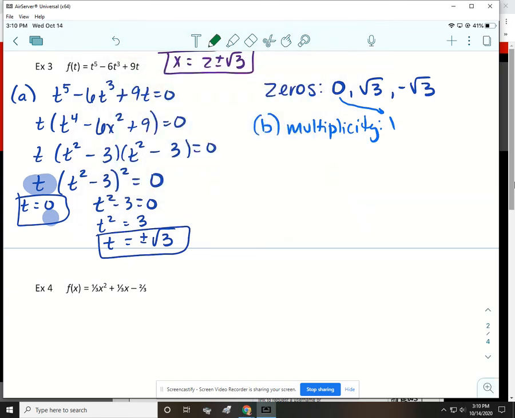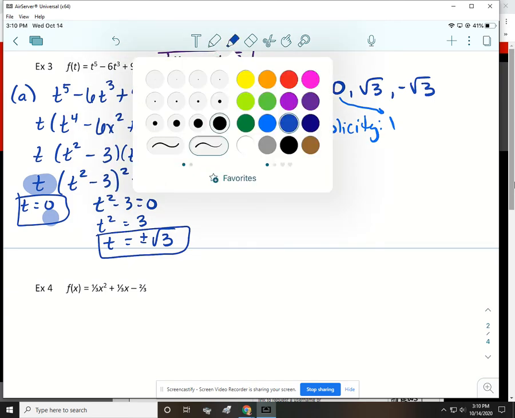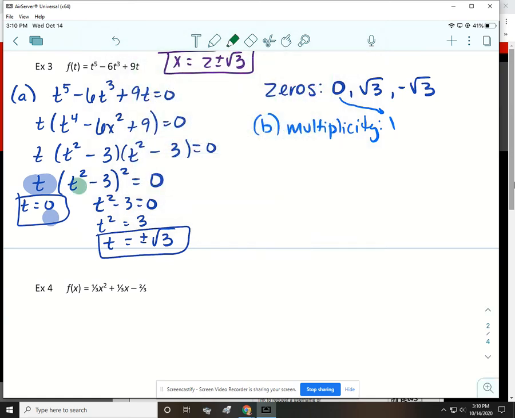All right, the other zeros came from this factor, and this factor is a repeated factor. It occurs twice, because it has a power of 2. So these 2 zeros that came from that factor that was repeated have a multiplicity of 2.